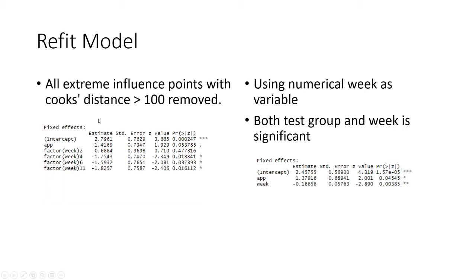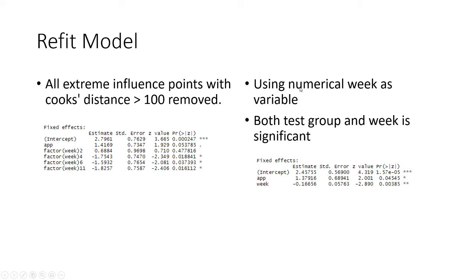I removed those, and as you can see here, it confirms the grouping factor becomes more significant. The p-value has dropped to 0.05, which is becoming significant here. And the week factor still maintains the same pattern.